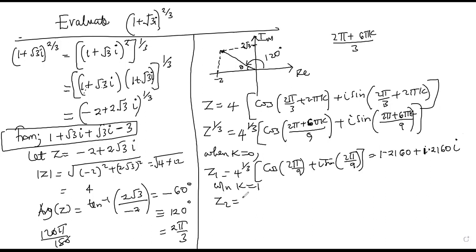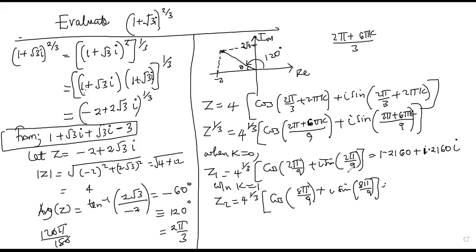When k is 1, we get z2. So it will be 4 power third into cos, now wherever k is, put 1. So it will be 8 pi over 9, plus i sine 8 pi over 9.